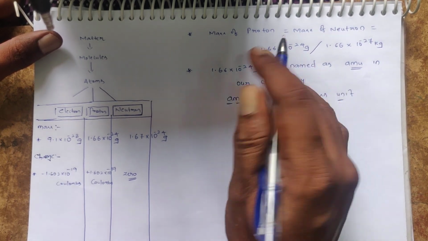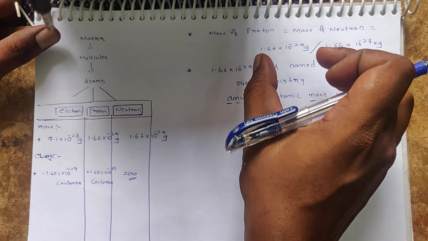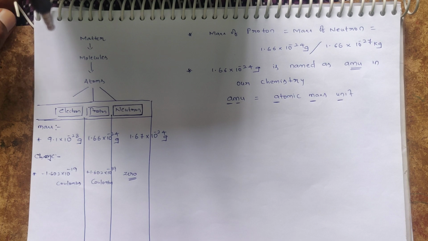So here, instead of saying this smallest value repeatedly, in place of that, it is better to use AMU. If anyone is saying that the mass of proton is AMU, you have to understand that it is 1.66 into 10 power minus 24 grams. The smallest value is named as AMU.